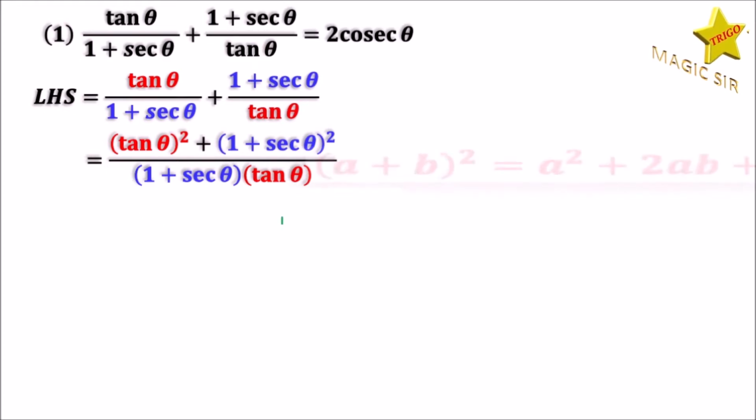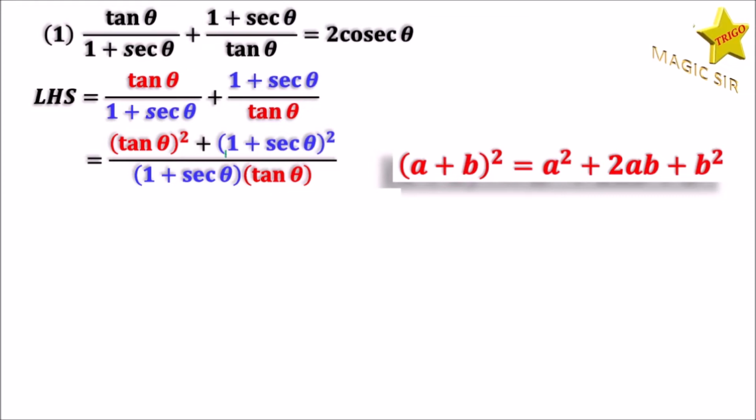Now apply the formula of a plus b whole square equal to a square plus twice ab plus b square. Let us suppose a equal to 1, b equal to sec theta.